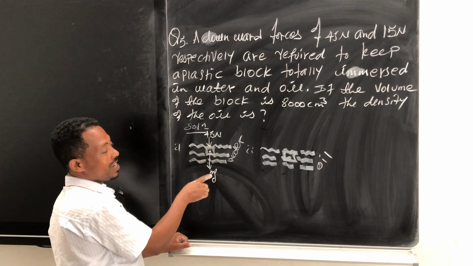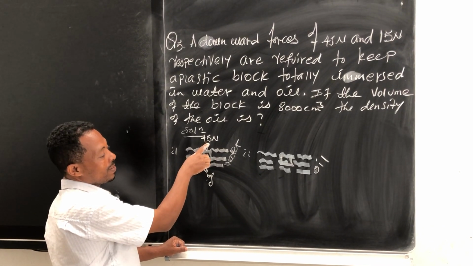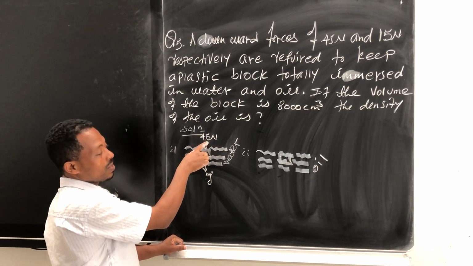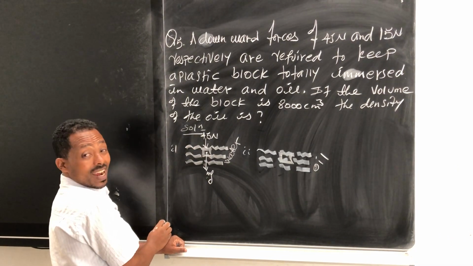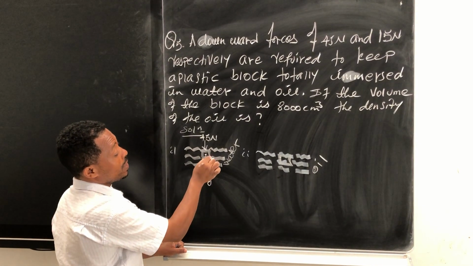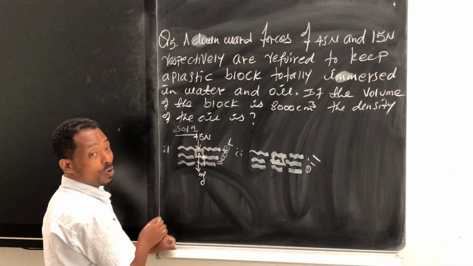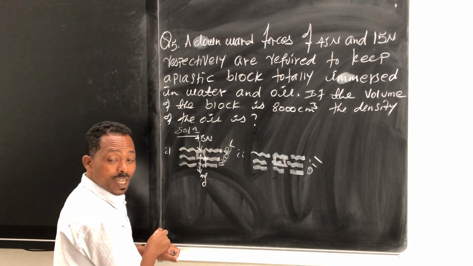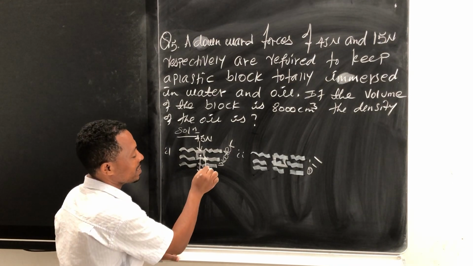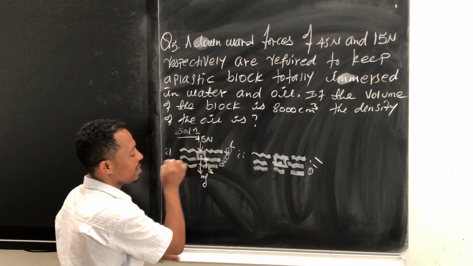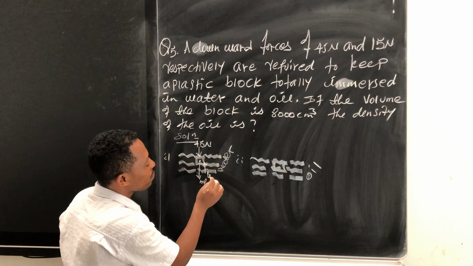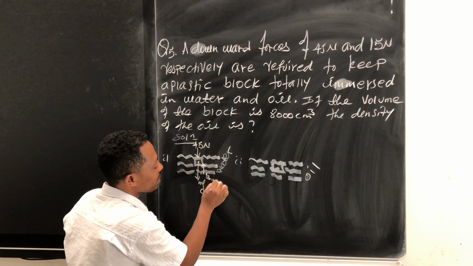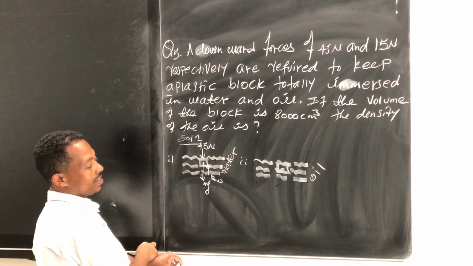That is mg, as well as the applied force, which is 45 Newton. What else? There should be another force known as upthrust or force of buoyancy, because of the water.